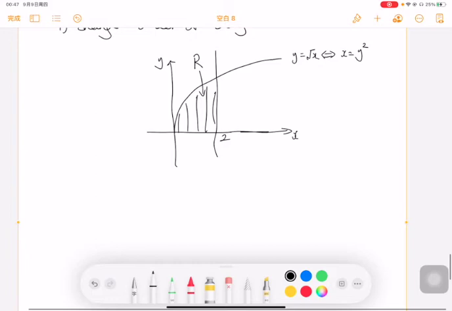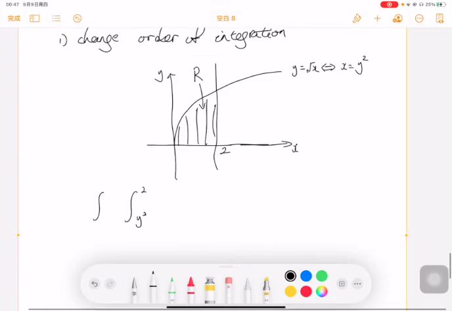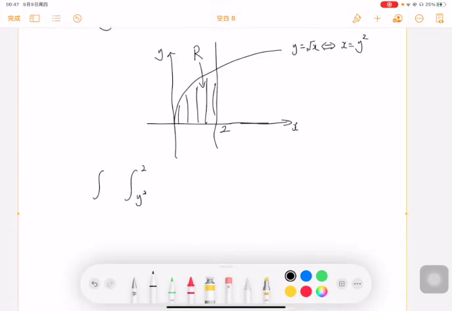So we have the integral from y squared to 2, because 2 is the right bound of this region R. The integrand doesn't change: y times (x minus y squared) cubed, and then dx dy, because we are changing the order of integration.